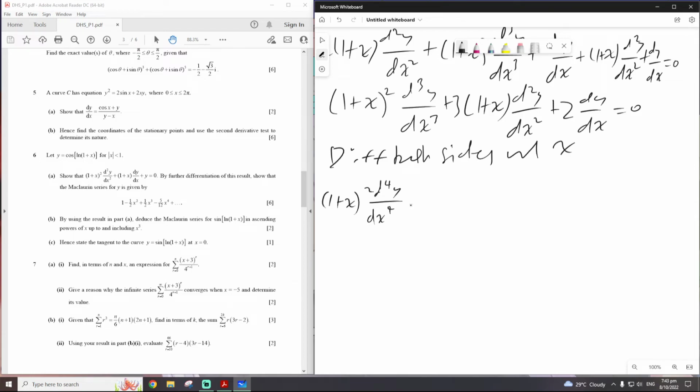And you'll notice that when I differentiate (1 + x)², I'm going to get 2(1 + x), and when I differentiate this I'm also going to get another d³y/dx³, so I might as well combine them together now. So this is going to give me 5(1 + x) d³y/dx³, because 2 plus 3, right? And the same with the d²y/dx²: when I differentiate this, I'm just going to get 3 of that, and I differentiate this, I'm going to get d²y/dx² anyway. So add 5 d²y/dx², and this is 0.